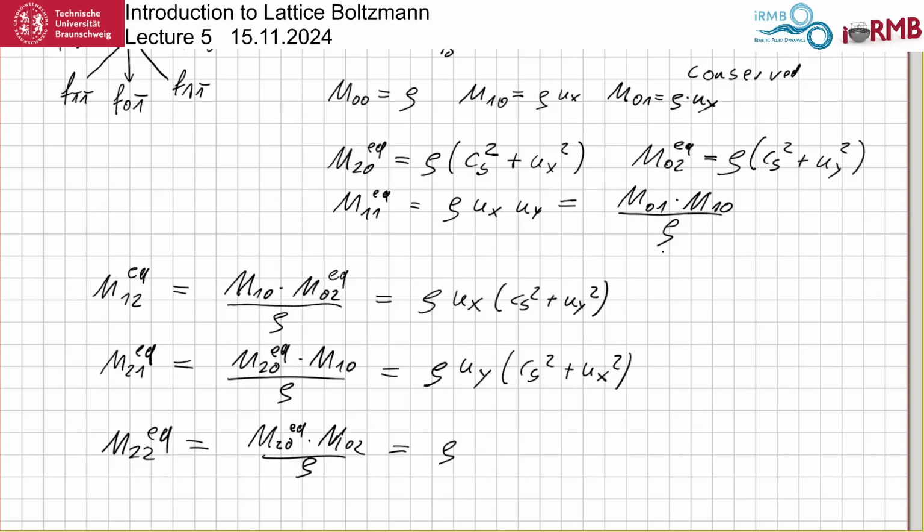So rho times (cs squared plus ux squared) times (cs squared plus uy squared). You see, it would take you a lot of time to solve this integral, and you can simply write it down by just knowing where it is coming from.